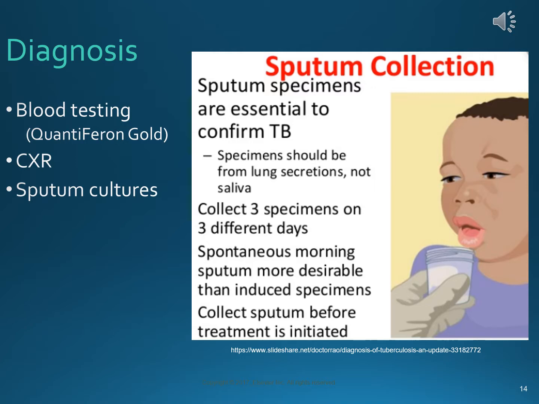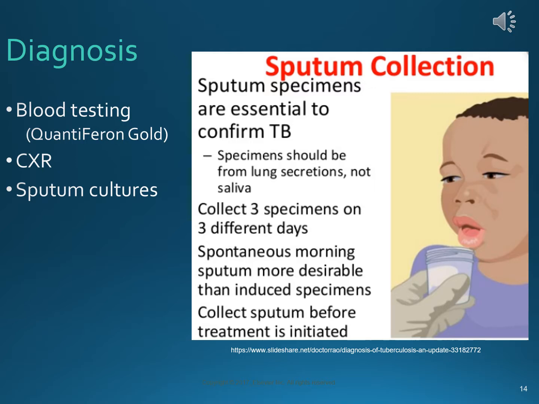Another way, of course, is to look at a chest x-ray. So if you have a positive TB test, you can have a chest x-ray, and if your chest x-ray is clear and you have a history of having a BCG vaccine, then they will assume that you're okay. If you have symptoms, the definitive way to diagnose it is sputum cultures.